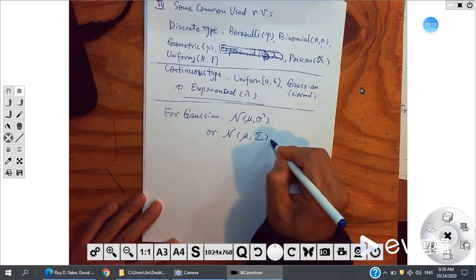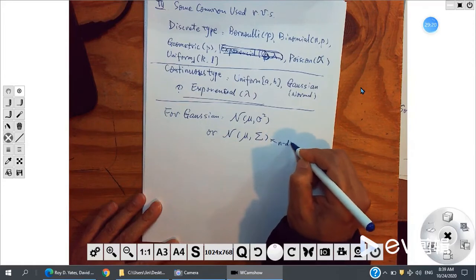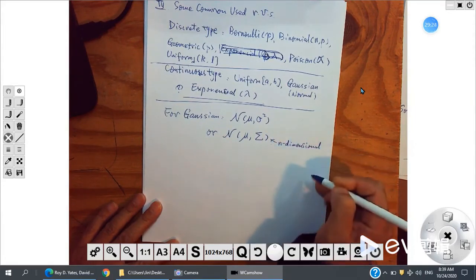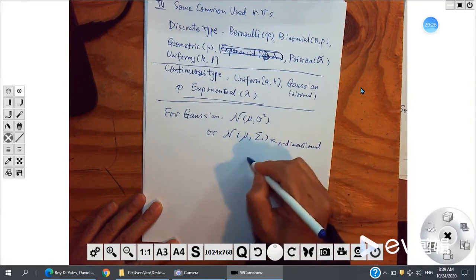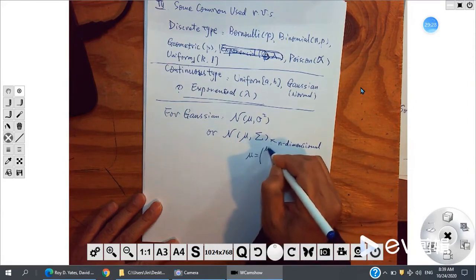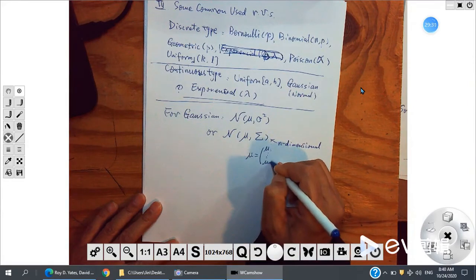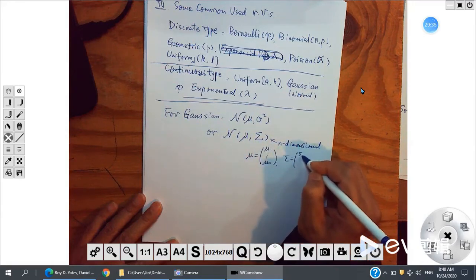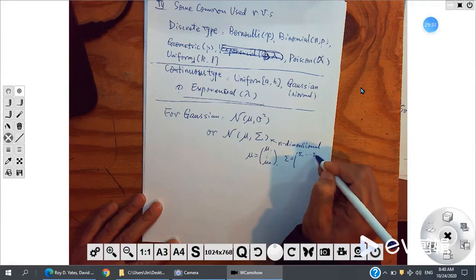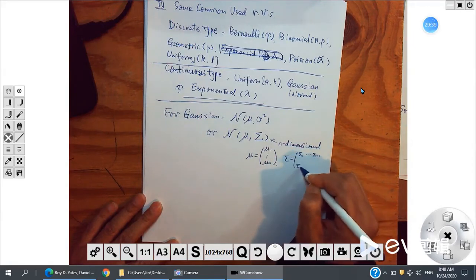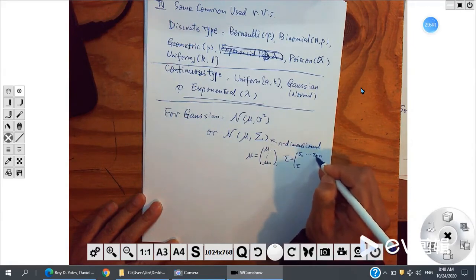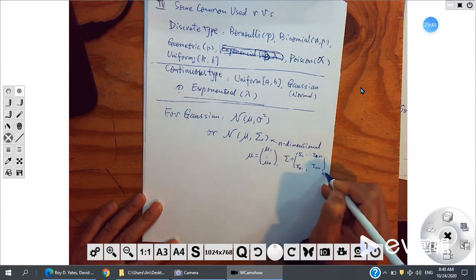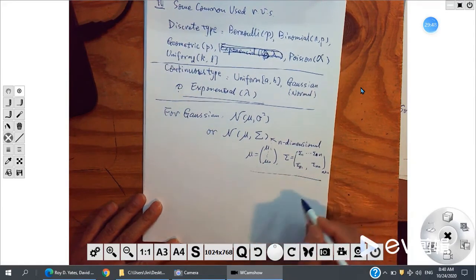This is n-dimensional. Mu will be mu 1 to mu n, and sigma will be a matrix of size n by n.